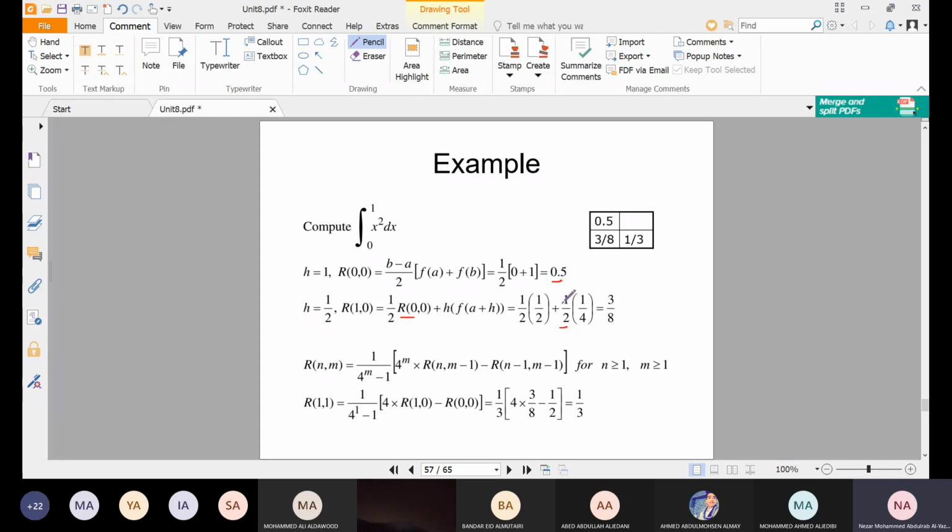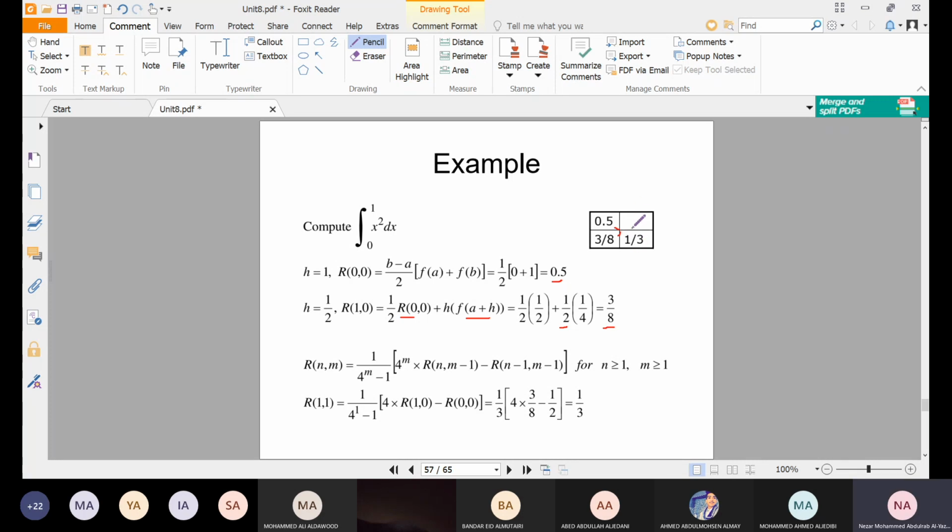So here we have 1 over 2. Okay, and we evaluate the function at a plus h. A is 0 plus half is 0.5. After that, we substitute, we get this parameter, and this is the evaluation of this function. So what we do now, we use these two estimations to estimate this one.